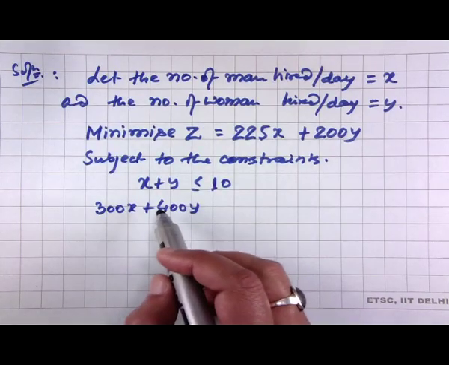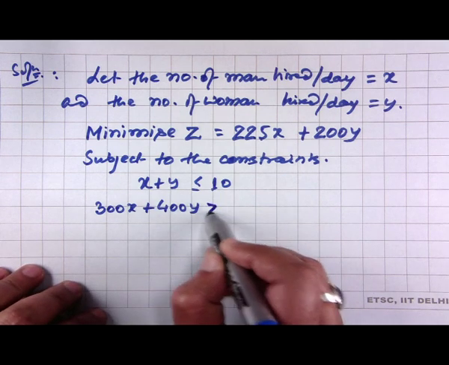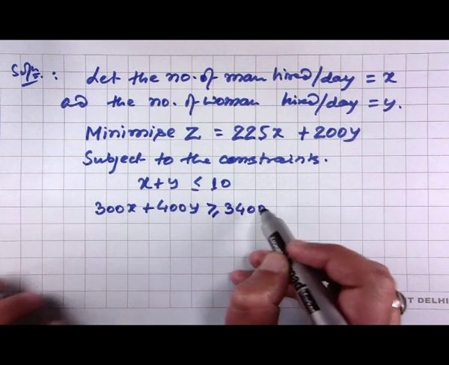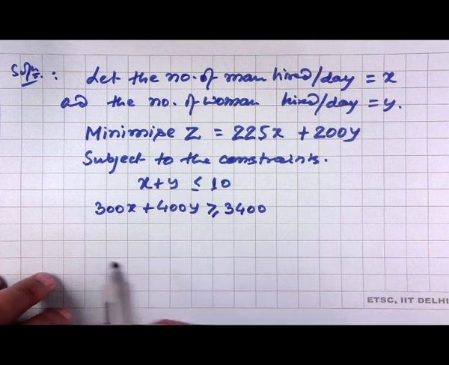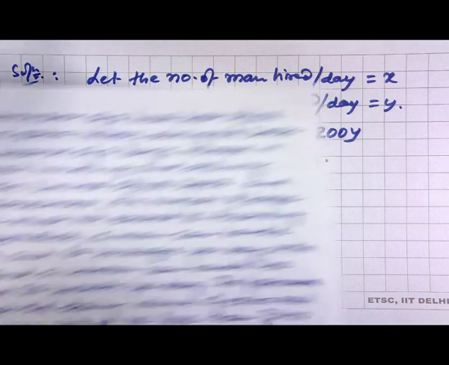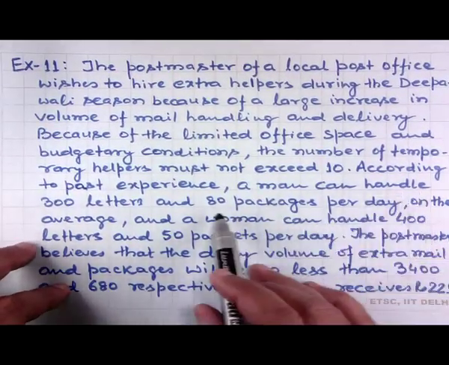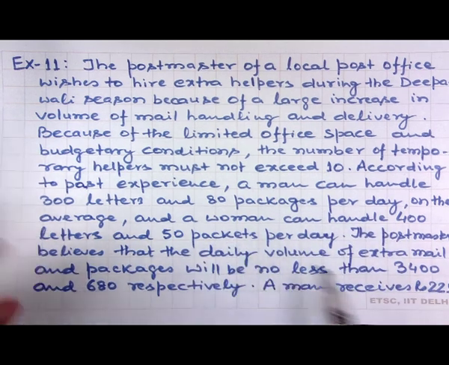So 300X plus 400Y greater than equal to 3,400, and for the number of packets, a man can handle 80 packets per day and a woman can handle 50 packets.